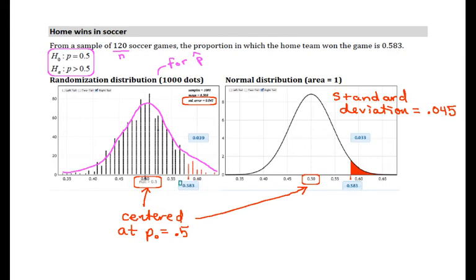My randomization distribution had the p hat value here of 0.583, and my normal distribution has the p hat value here also of 0.583. Now, in the randomization distribution, we could always explain the p-value by saying that we count dots, right? We count dots and we figure out the proportion of all of the dots in the graph that are in that tail. What we do with these normal distributions is we use the fact that the area is always equal to 1.